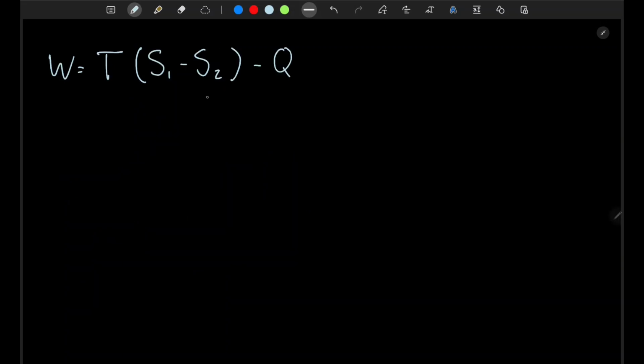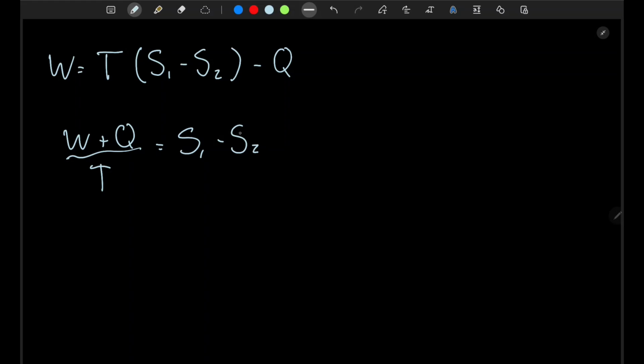Okay, and another one, and we are going to be solving for S2 in this case. The first thing we need to do is take this Q and move it over. So if we take that, we're going to have W, change it over, change the sign, plus Q, and then we're going to be left with this expression on the right. So let's move that T over. We're going to have T equals S1 minus S2, and we're solving for S2.